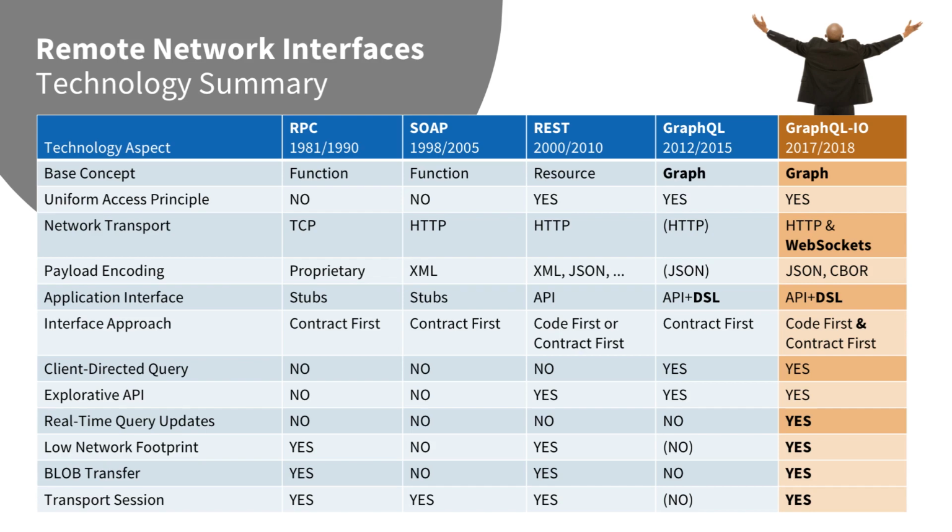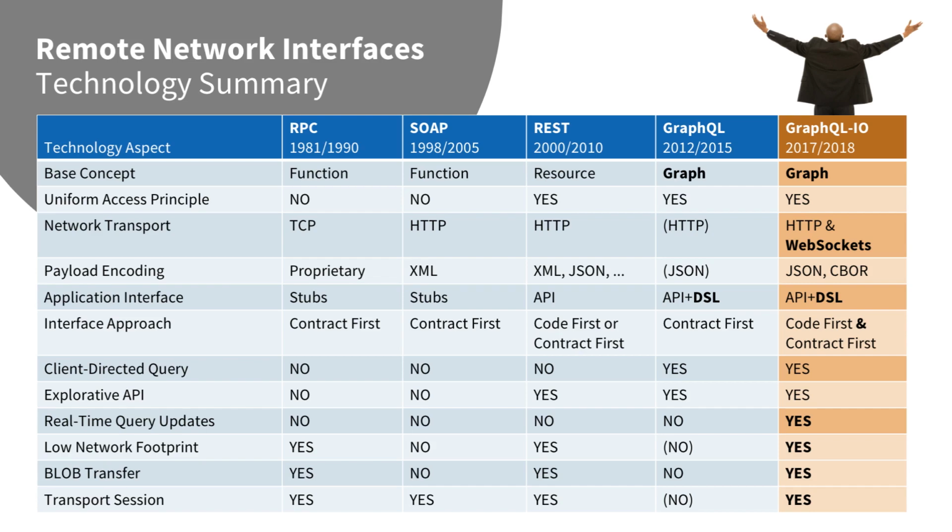But the main point is that between REST and GraphQL, the client-directed queries become possible because you have this DSL, this query language available on the client side. You also, on the REST level, have an explorative API. This is very nice during development. You have real-time query updates in Graphql-io, this killer feature I presented before.